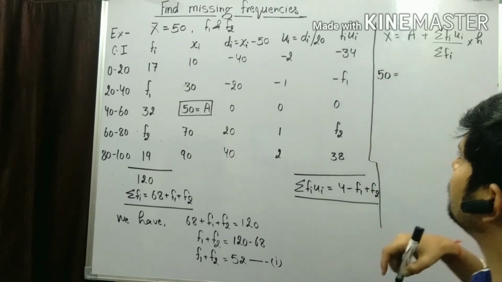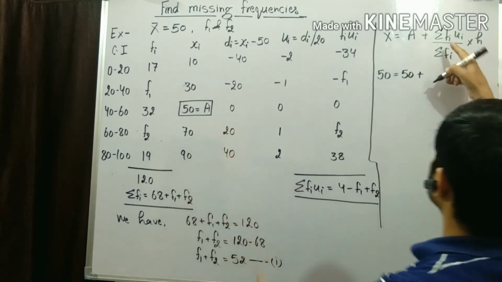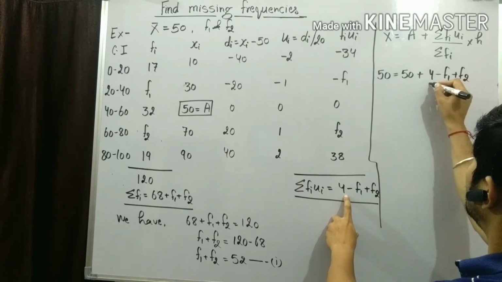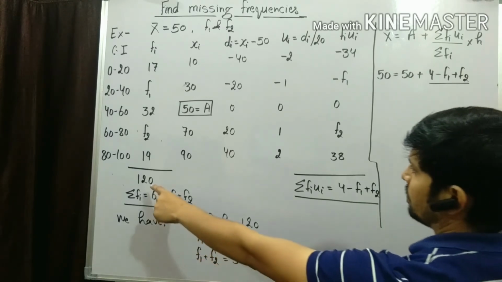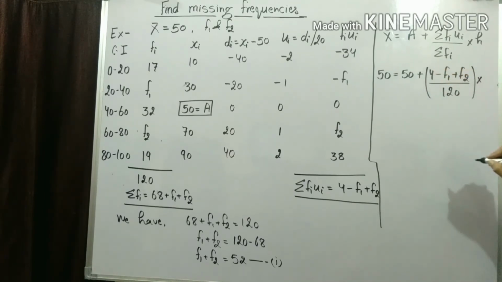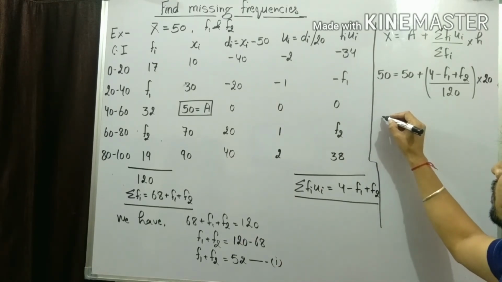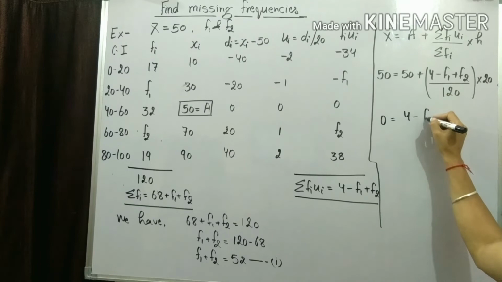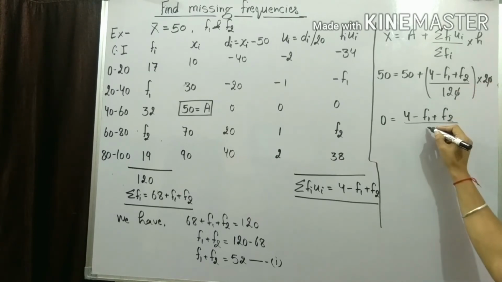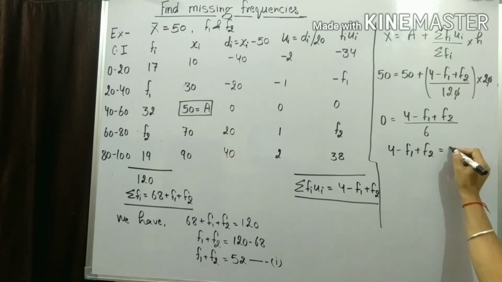The mean is given as 50 and the assumed mean we have taken is 50, plus summation of fi ui, which is 4 minus f1 plus f2, upon summation of fi, which is already 120, into h. What is the value of h here? I have taken h as 20. Now transposing 50, this will be 0 equals 4 minus f1 plus f2 upon 120, into 20. The 0 cancels out, 2 sixes are 12, and 6 will multiply, so this will be 4 minus f1 plus f2 equals 0.